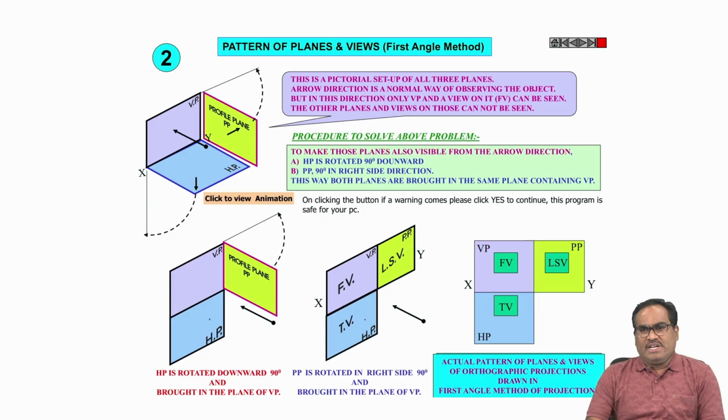First angle projection is when you project an object keeping the object in the first quadrant. In space you have a vertical plane and a horizontal plane, dividing the space.